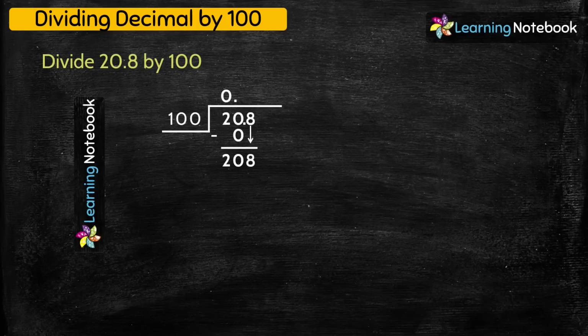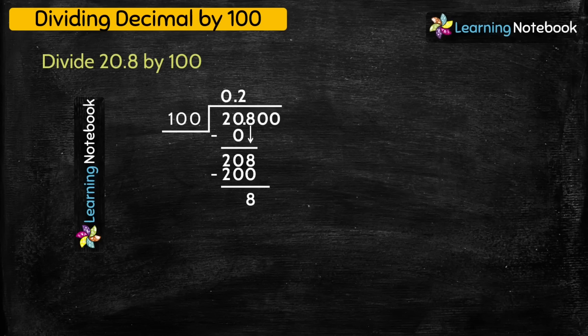Copy next digit 8. So 100 into 2 equals 200. And 208 minus 200 equals 8. Now students, remainder is 8. So we can continue with the division by inserting 0.